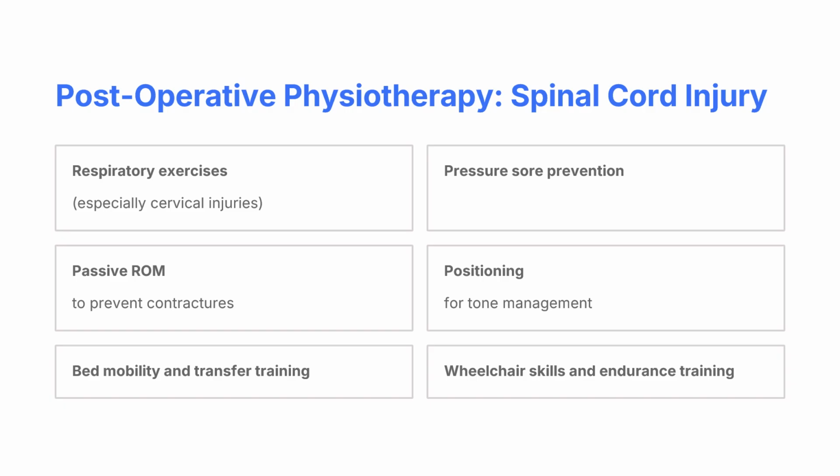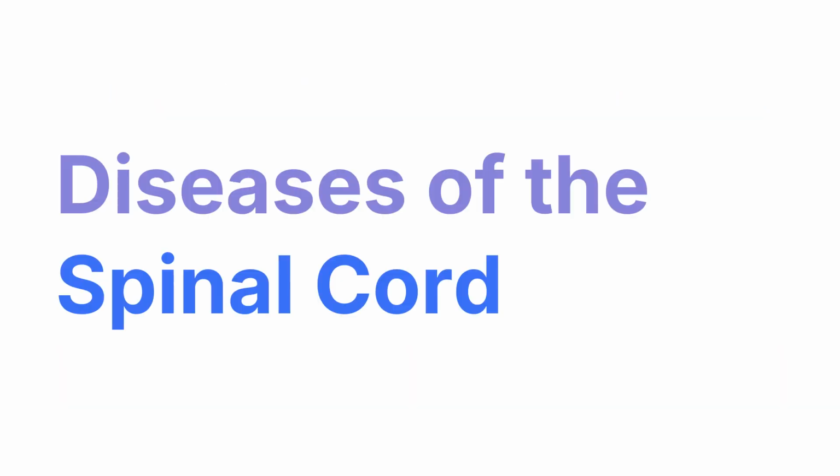But we are improving the functions of the patient with the available muscles that we can train. Now let's move to the disease process. So these are the spinal cord diseases. Let's see what the spinal cord diseases are.